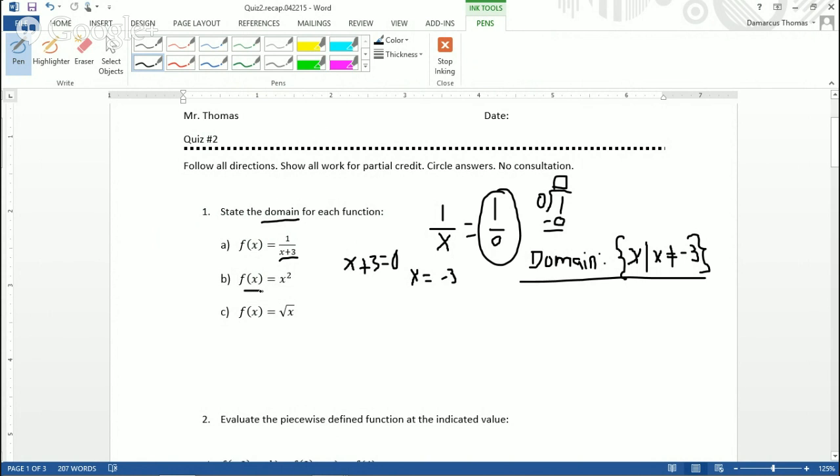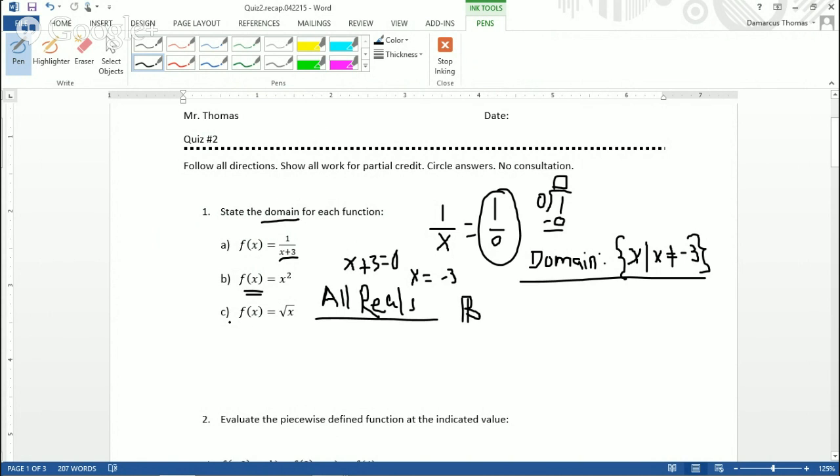However, the domain is what we're focusing on, and it appears that the domain is all real numbers. All you'd have to say is that the domain is all reals, and that's sufficient. It is the set of all reals, and you can write it as script R.